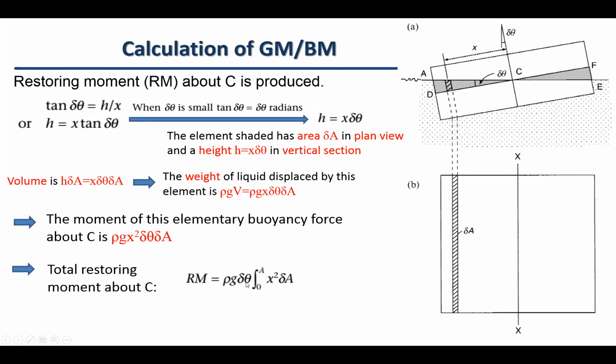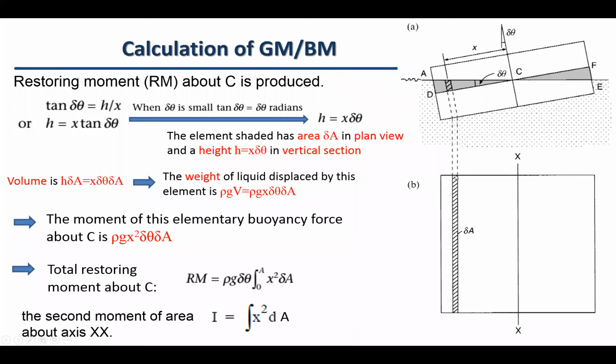Rho g delta theta outside the integral, from the beginning, point 0 to point A, or the whole area, to calculate the whole restoring moment. So in this integral, x is definitely variable for each section, x squared times delta A as well, and delta A is another variable as well.